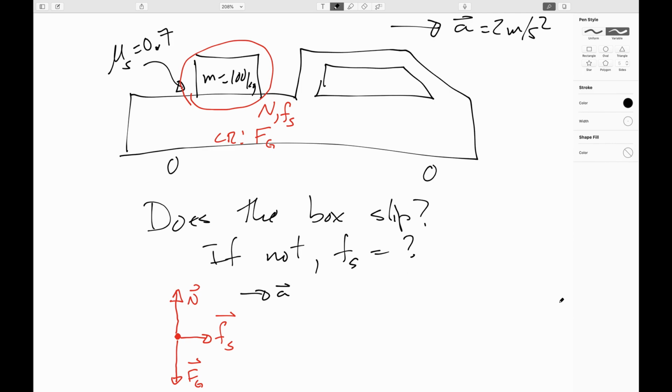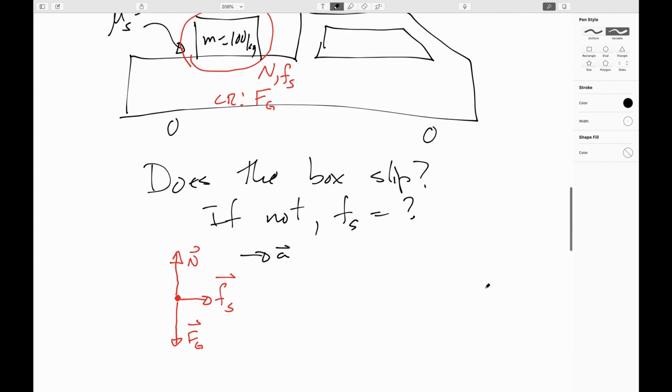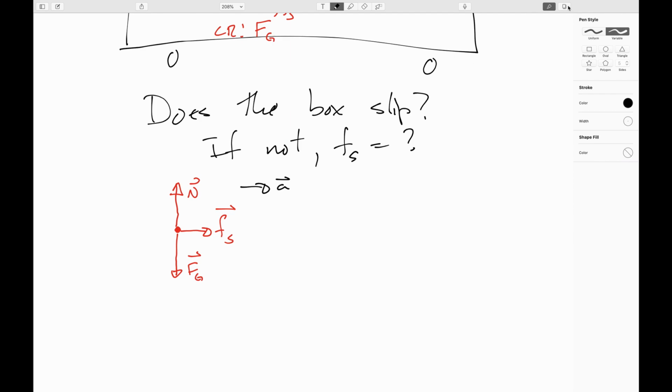All right, well, let's go ahead and take a look at Newton's laws of motion on this. So first off, we'll just start with F net equals ma. We'll add up all of our forces as vectors. So it'll be N plus Fg plus Fs equals ma. Now we'll take the x and the y components of this.